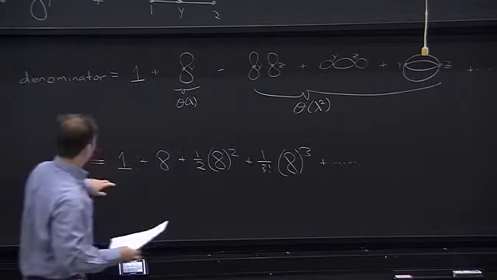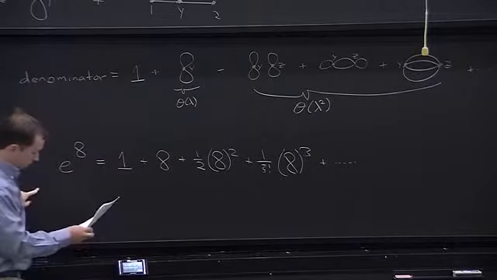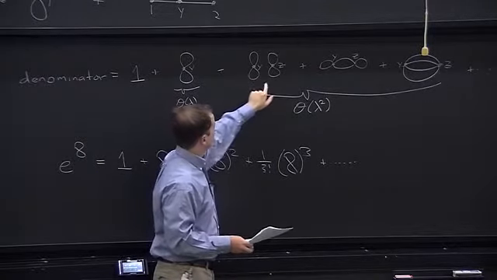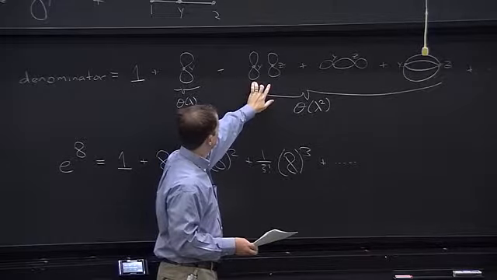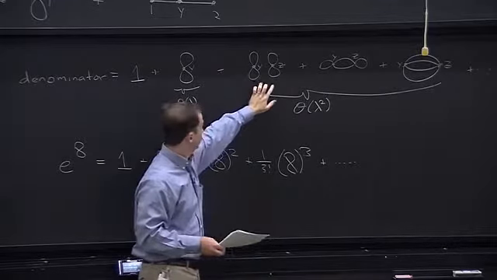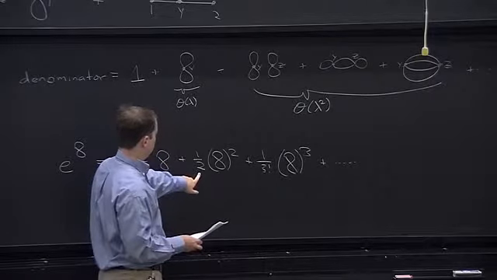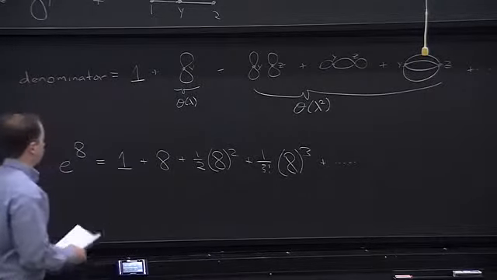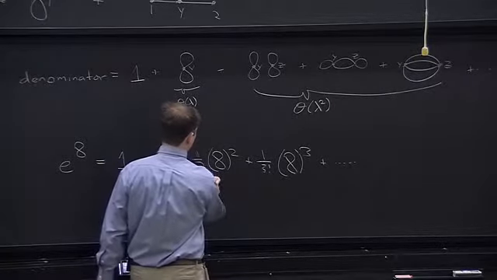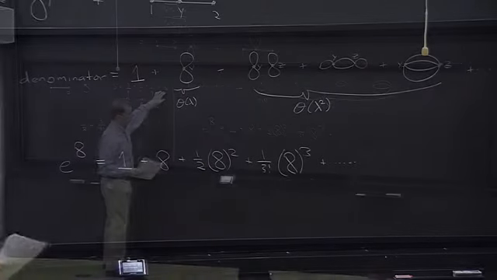Let's compare the first 3 terms here to the first 3 terms here. They're almost the same. What's different is here I've labeled the points at the vertex, and this one here I haven't. And this one has a factor of 1/2. We saw that the symmetry factor of this diagram was 8.